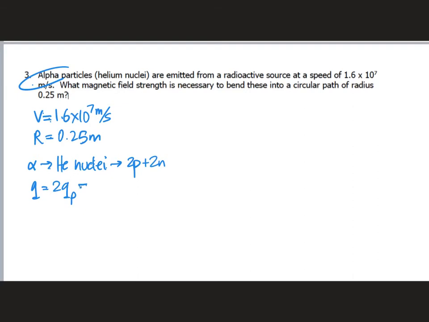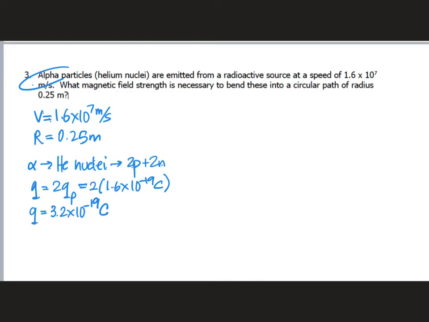So the charge on the helium nucleus is 2 times 1.6 times 10 to the negative 19th coulombs. And so the charge on an alpha particle is 3.2 times 10 to the negative 16th. Sorry, negative 19th. Let me erase that real quick. Negative 19th coulombs.